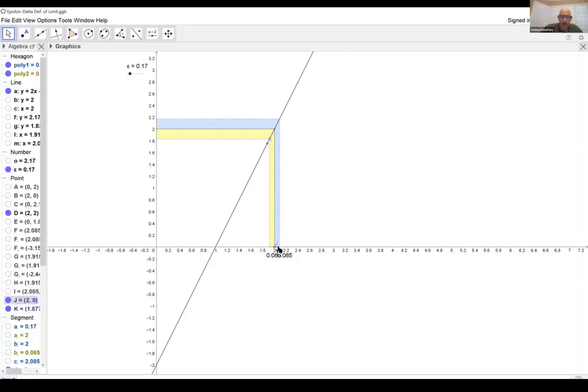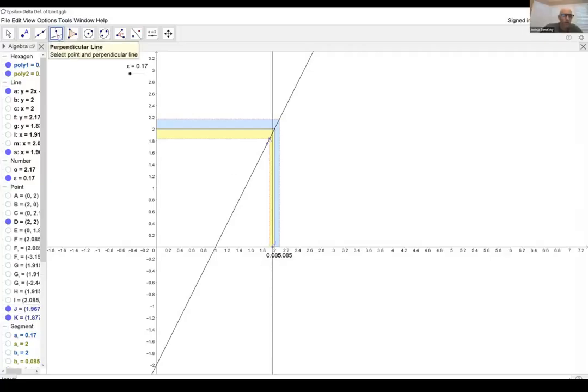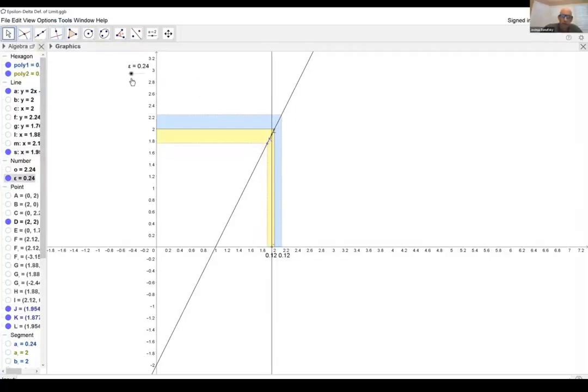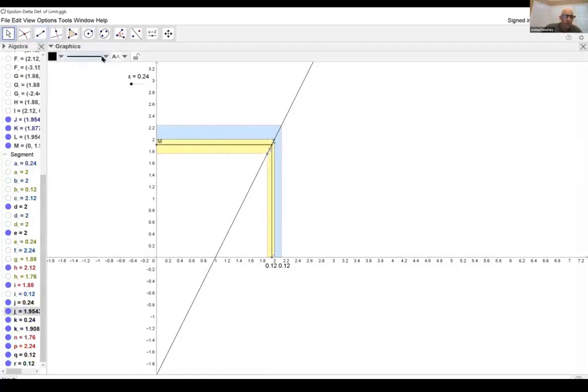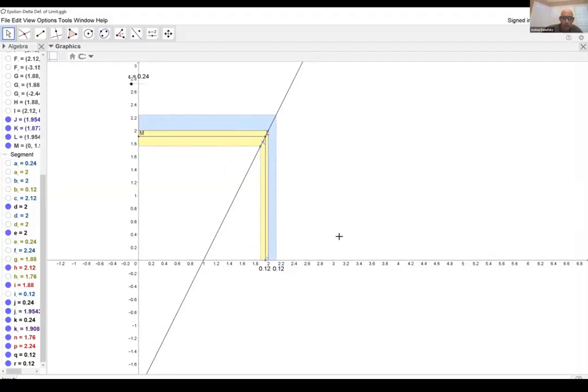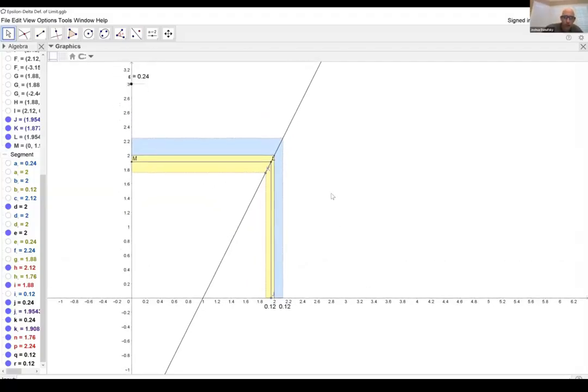But as long as I, you know what, let me do something to try to nail this a little bit better. All right, so these purple line segments I just created, I'm hoping you guys can see this well enough. I know it's kind of small.